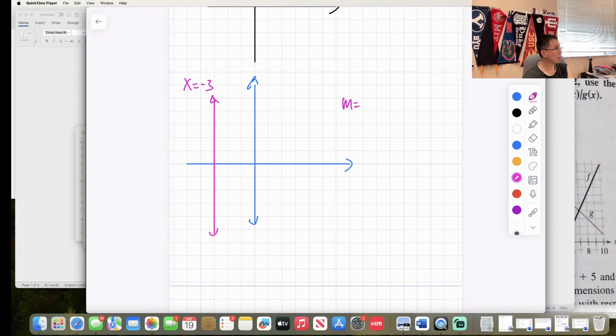Jacob? You don't know. Okay, let me ask Mia. What is the slope of this function? No pressure. We are going to make fun of you if you don't know it. I'm just kidding. No, I won't. You don't know? Okay, that's fair.